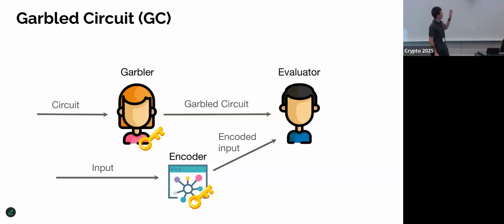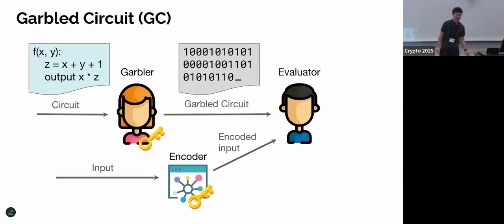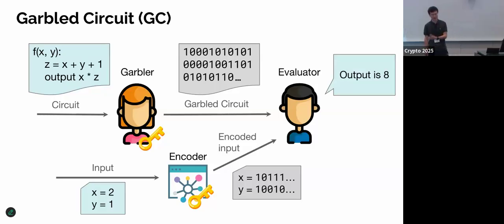So in the protocol, we have a garbler which receives some circuit and turns it into a garbled circuit and sends it to the evaluator. The evaluator also gets the input of the circuit, but in an encoded form, and it computes the output of the circuit. So for security, we want to ensure that the evaluator learns nothing about the circuit's input.